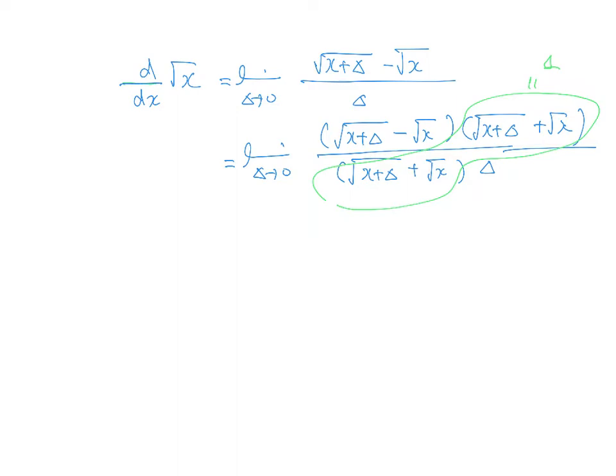Then we have delta times the... So what happened to the denominator? This is simply x plus delta minus x, right?